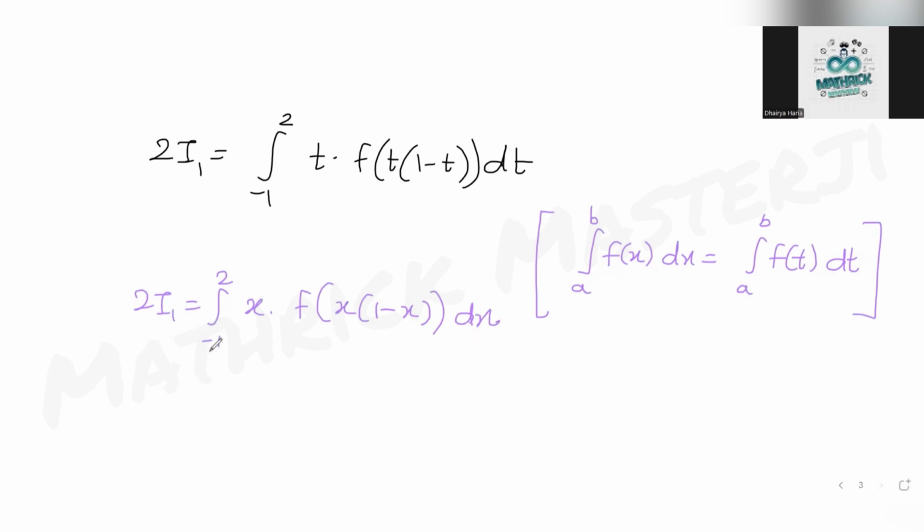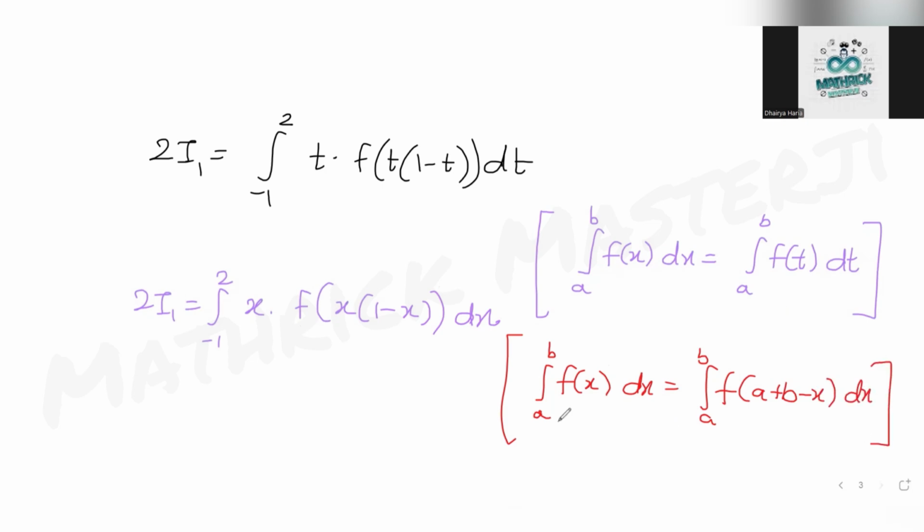Now I apply the other property of definite integrals, which says the integral from a to b of f of x dx can also be written as the integral from a to b of f of a plus b minus x dx. Here a plus b is minus 1 plus 2, which is 1, so instead of x everywhere I can put 1 minus x.